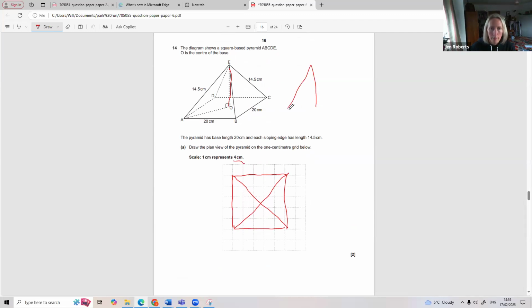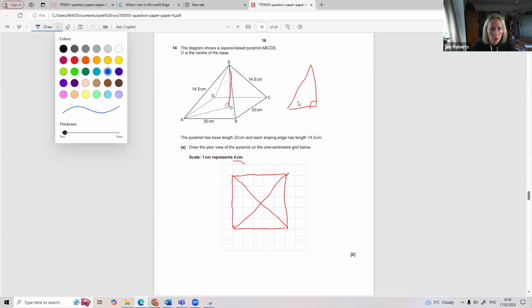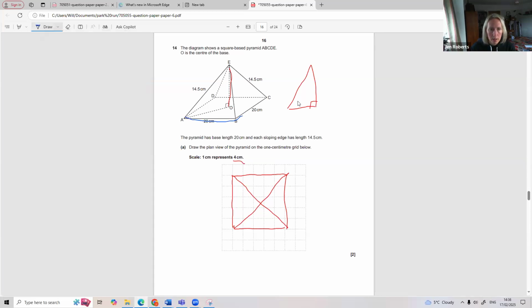Let me draw this here. Now with our right angle triangle, that's unknown and that's unknown. We've got that as 14.5, so I need to find another right angle triangle. Well, since the base is a square, you have actually got a right angle triangle here too. So I'm going to use Pythagoras first of all to get my hypotenuse. a squared plus b squared equals c squared.